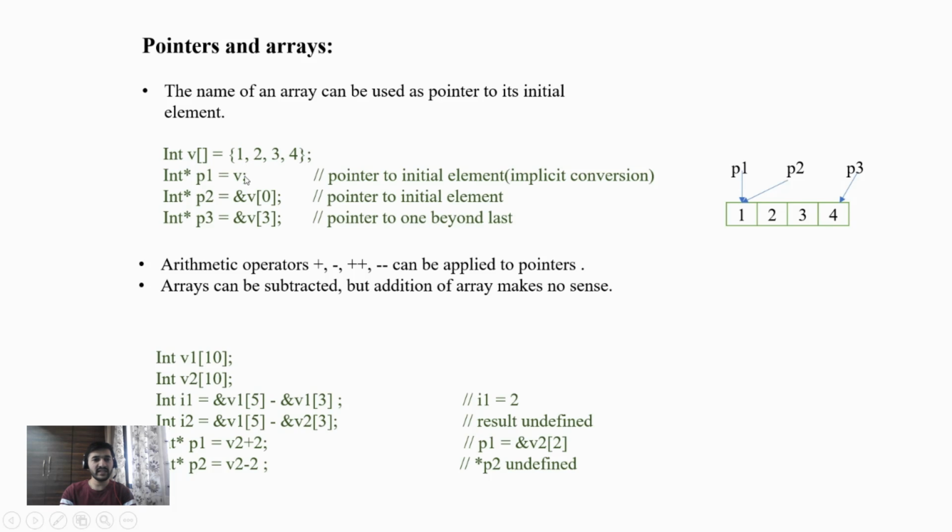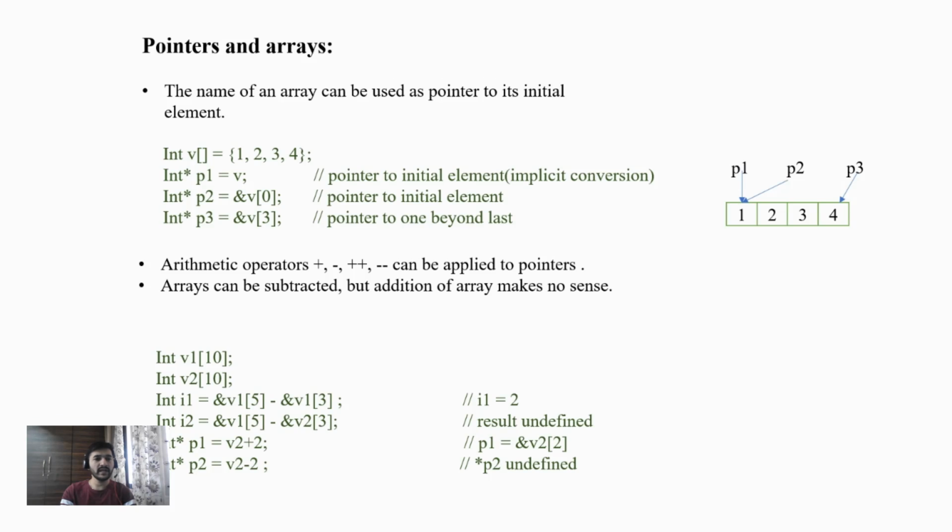So I have assigned p1 to v. Since v has been implicitly converted to the pointer, p1 will refer to the first element of the array, that is 1.